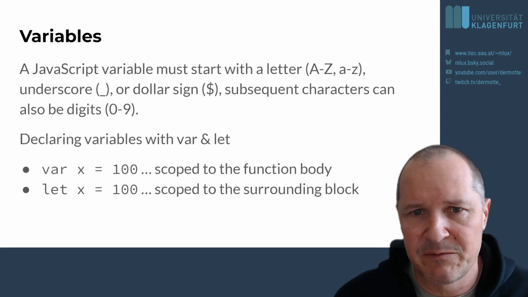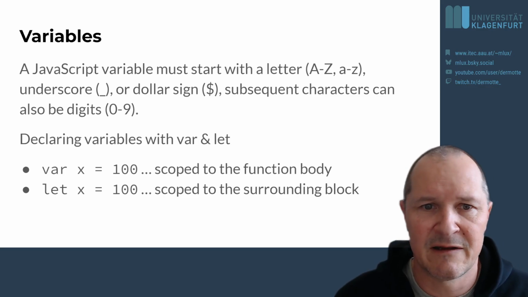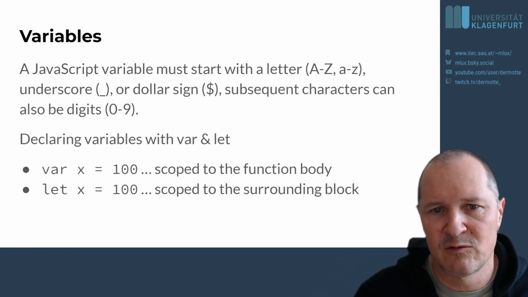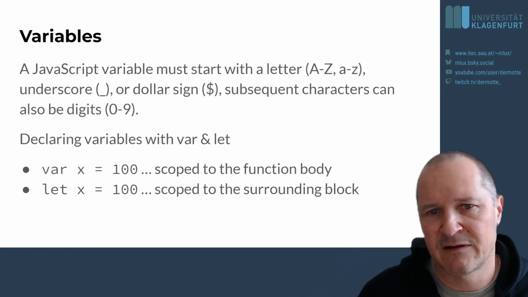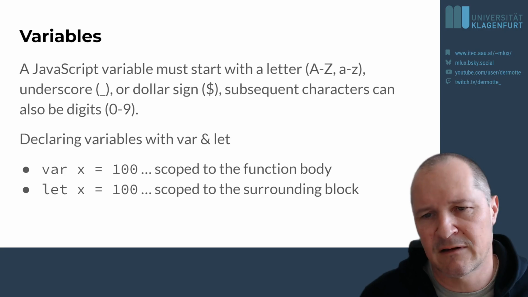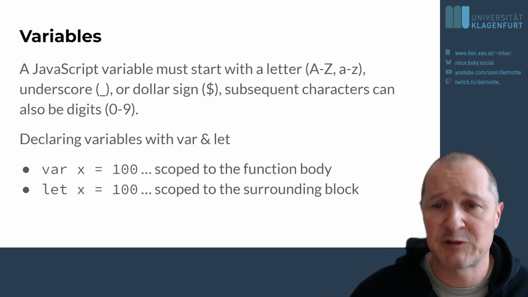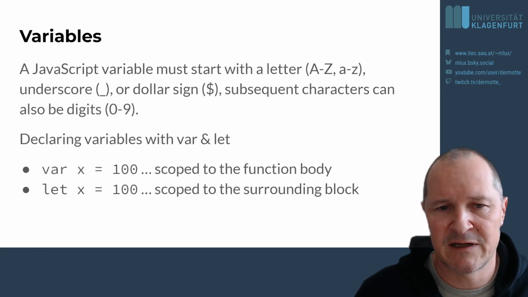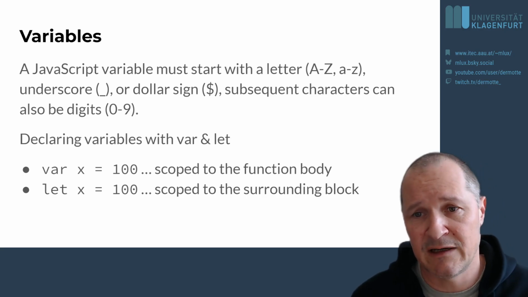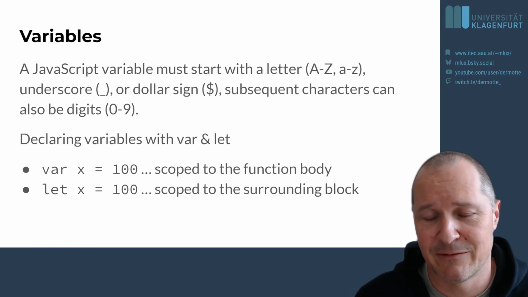Variables in JavaScript must start with a letter, an underscore, or a dollar sign. Subsequent characters can also be digits, like var x would be 100, or let x be 100 is another way to do it. What you currently should use is let, because if you mix and match a lot of JavaScript, which you actually do in p5js, and you put in a var, then all of the other scripts that you're running, also the ones in the background, the libraries and everything, they all know your variable.